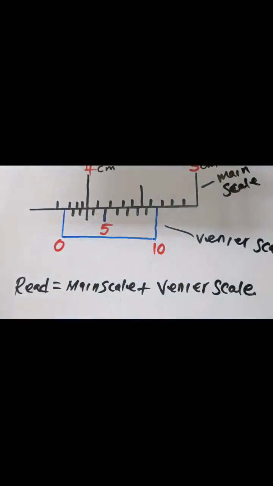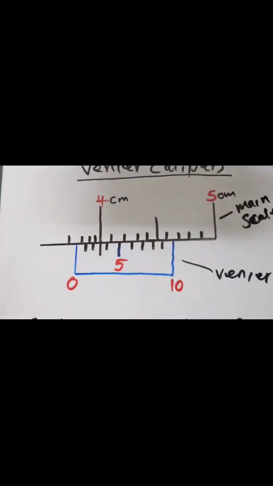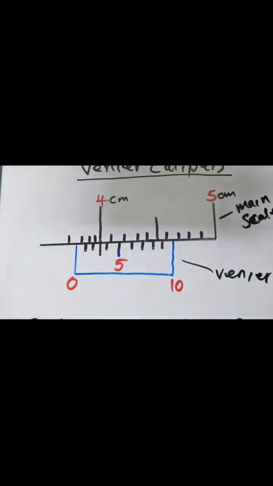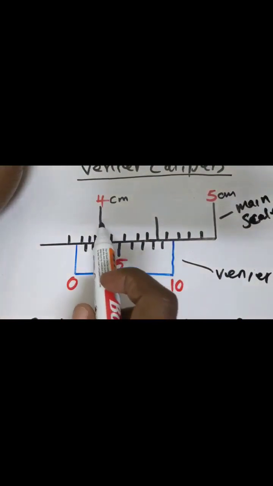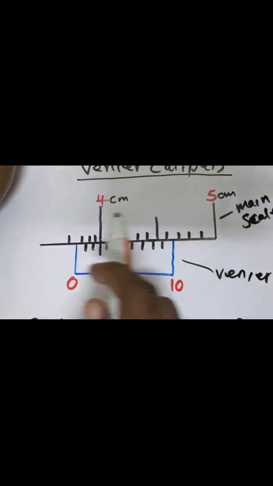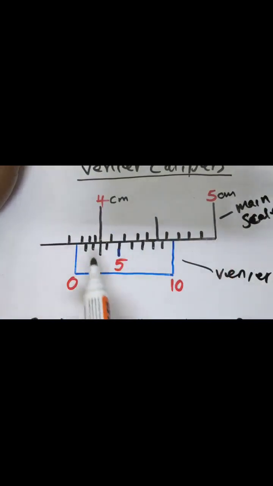What is the reading of the main scale? We've said that this is the main scale, which is up here. So if you look at this main scale, you need to try and count starting from the numbers that you have been given till you reach here, so that you know what is on this side.